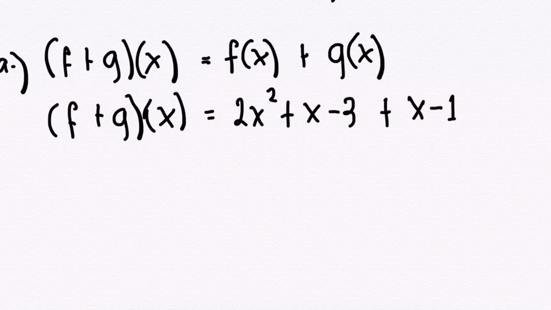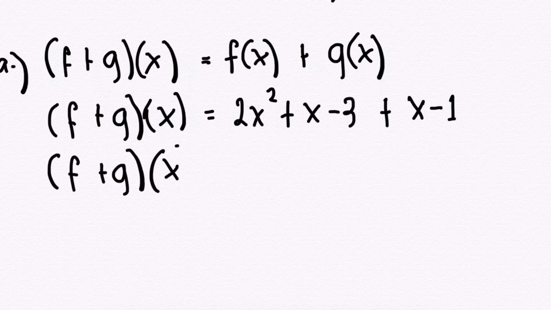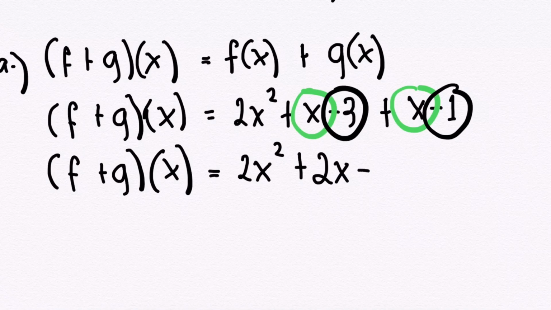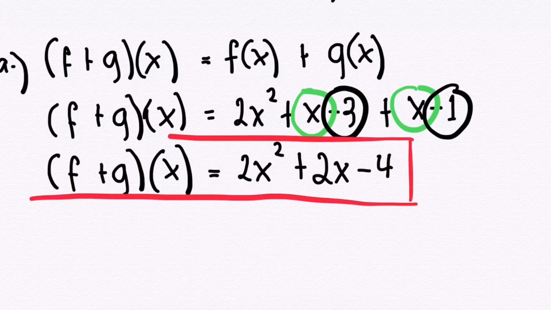Combine similar terms: f plus g of x is equal to 2x squared, plus x plus x is 2x. Negative 3 plus negative 1 is negative 4. So the answer is f plus g of x is equal to 2x squared plus 2x minus 4.